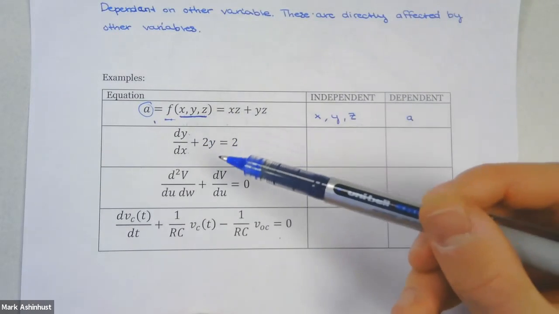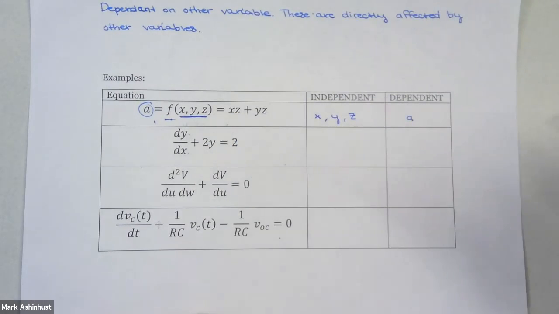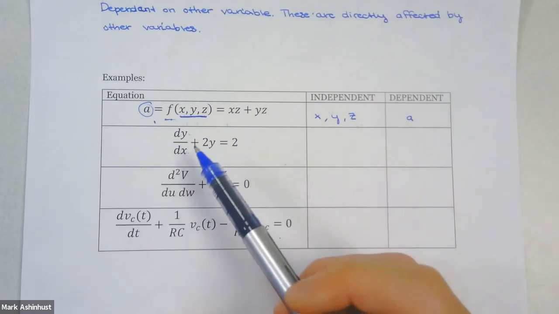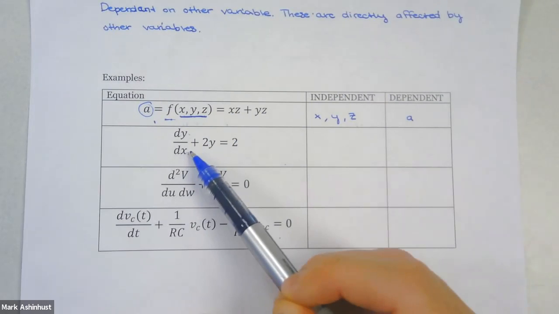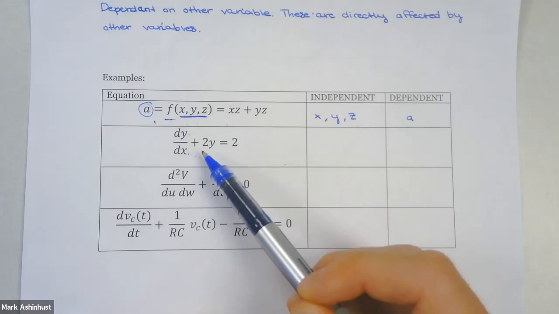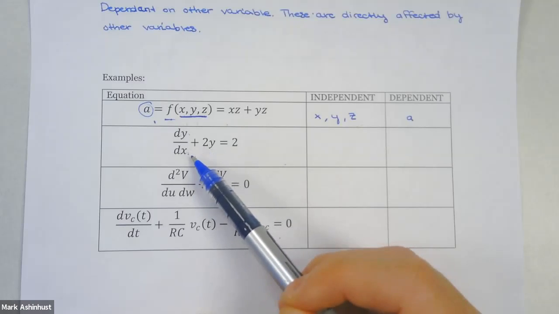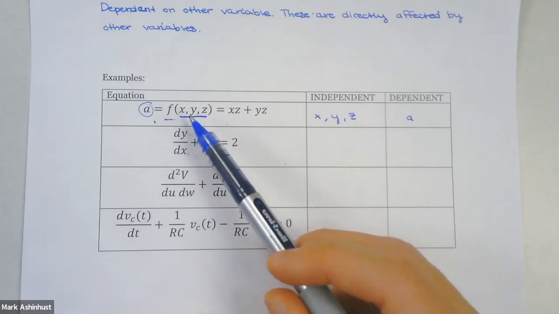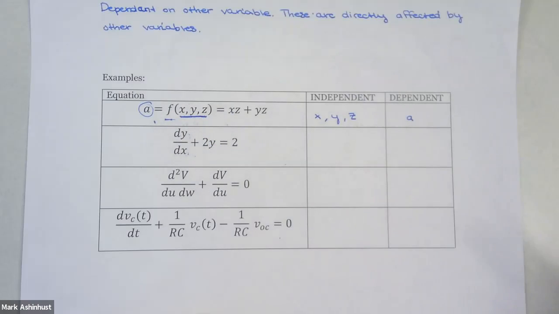So if we had dy over dt, which is usually used for time, you're deriving with respect to t. T is being your time. And that means that your independent variable is going to be what's on the denominator. So dy over dx is going to have your independent as x and your dependent being y.